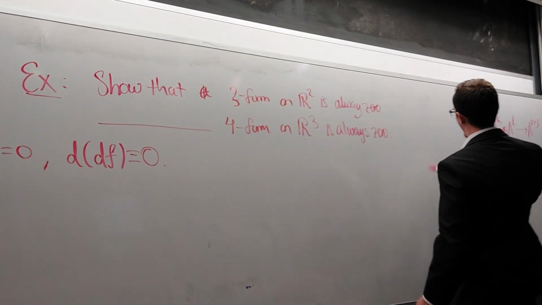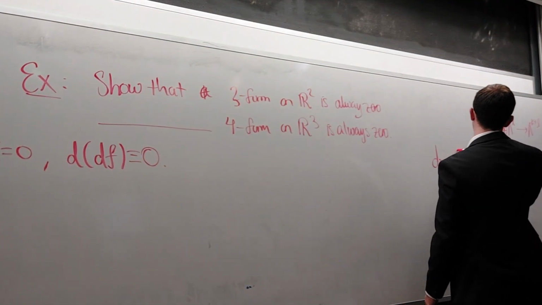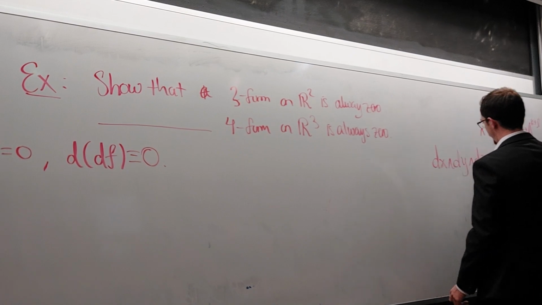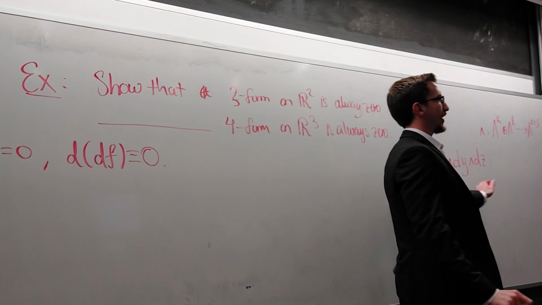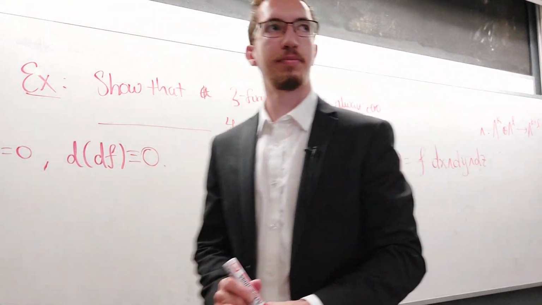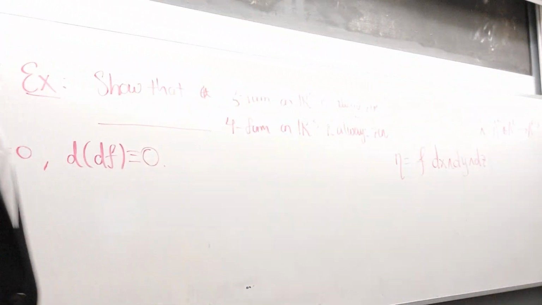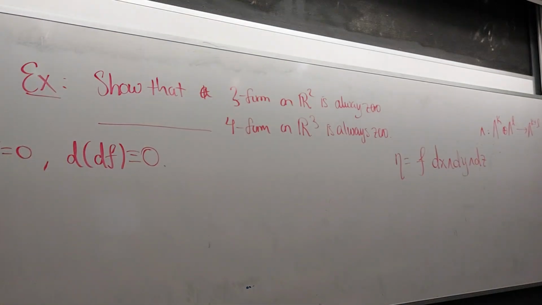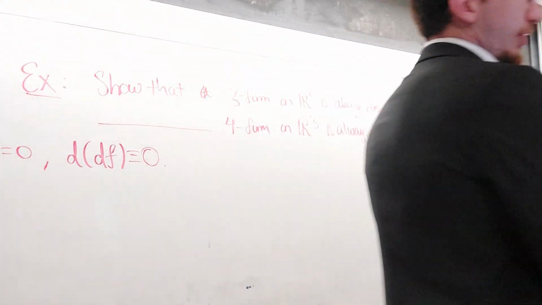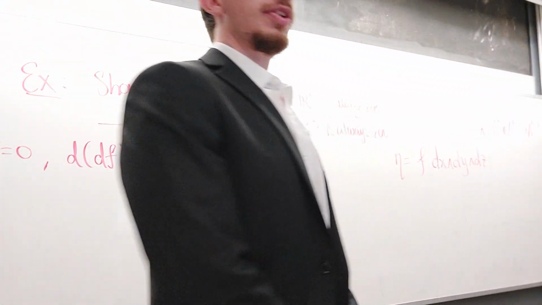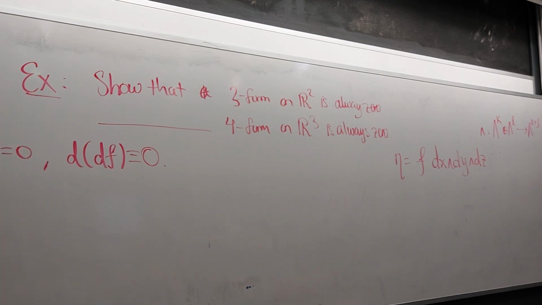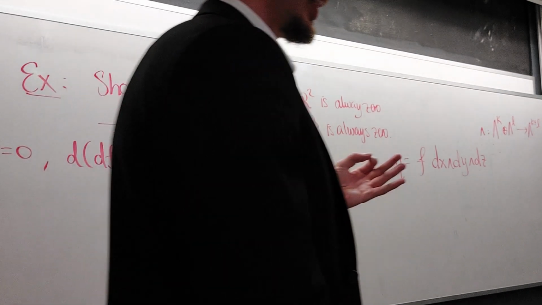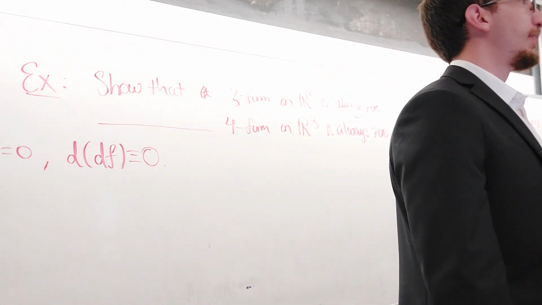That just reminds me I haven't defined what a three form is. A three form is this. Let's say f is a function, and then I have f dx wedge dy wedge dz. Okay, it's like a volume, something you would integrate over three-dimensional space. And now what we're going to do is look at the differentiation theory of the subject. What is beautiful about doing things in terms of forms is that you can actually see that it's a differentiation theory.